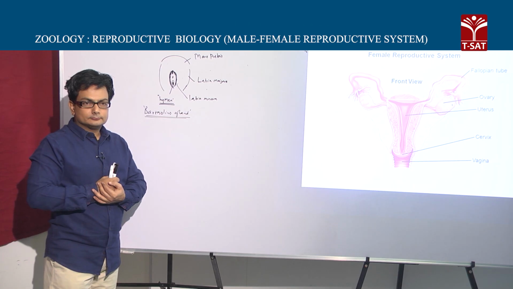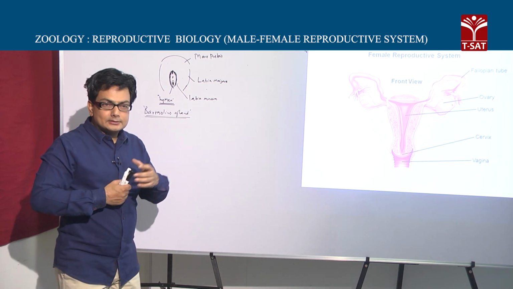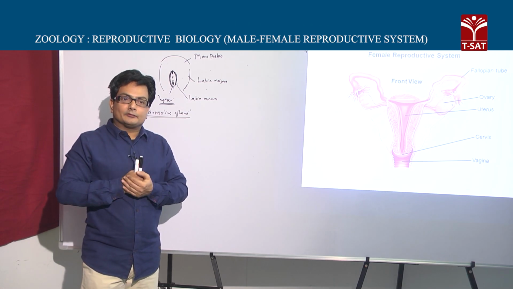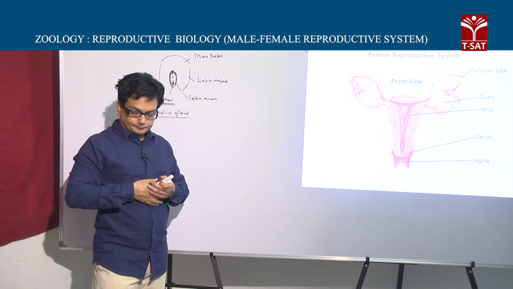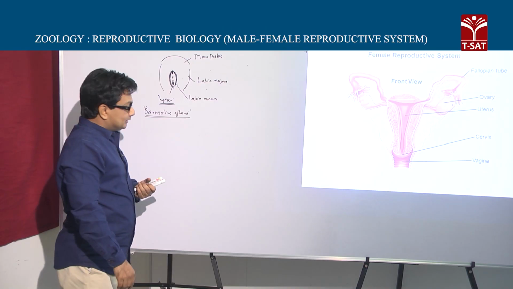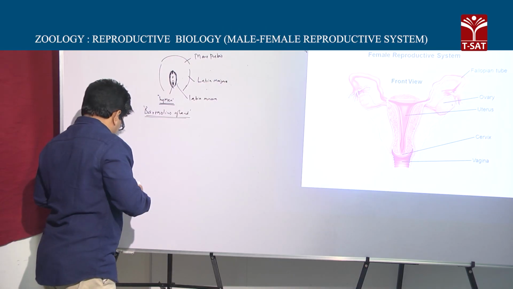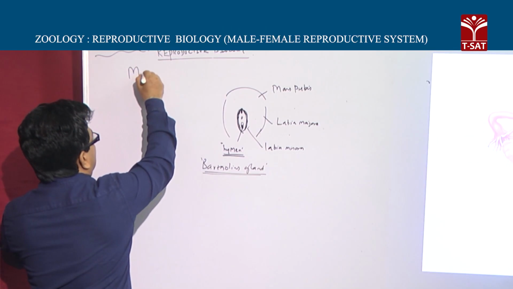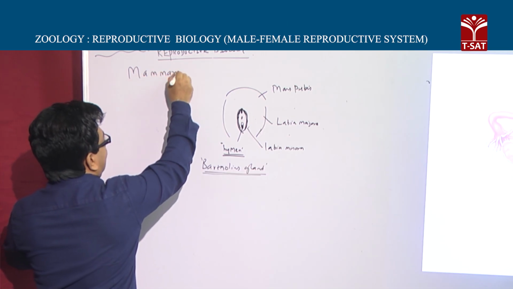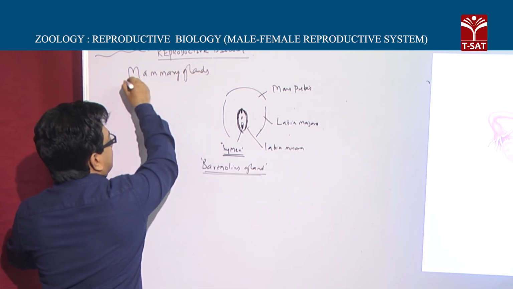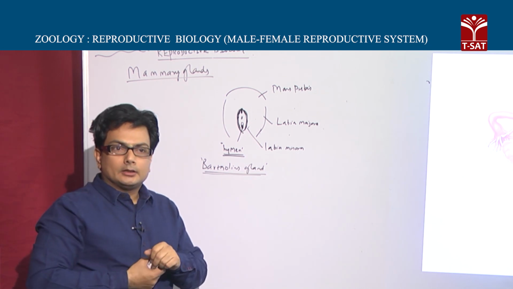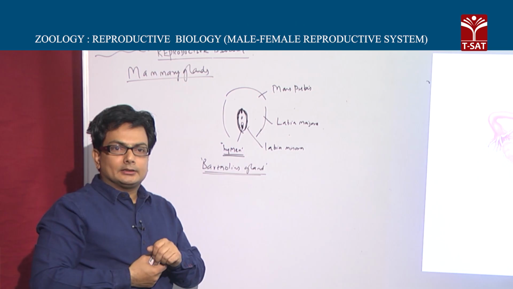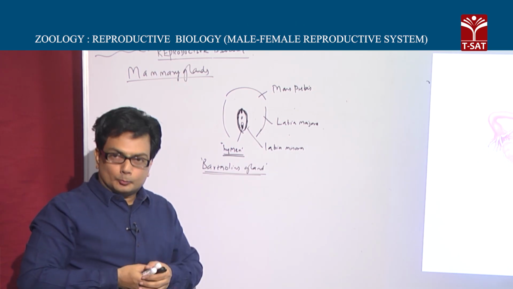The last part of the female reproductive system will be the mammary glands. See, when we study the mammary glands in a female, these mammary glands will have, deep inside, lobes.